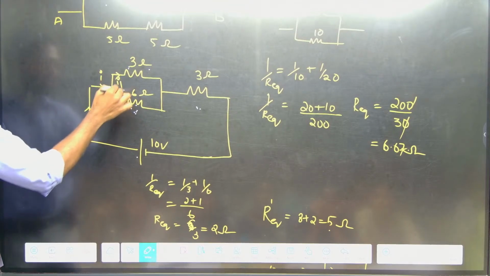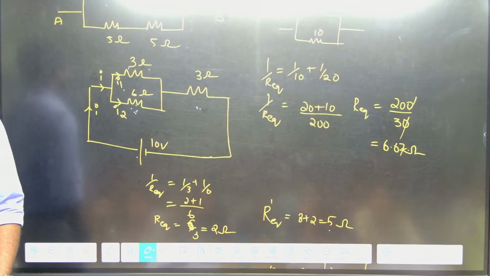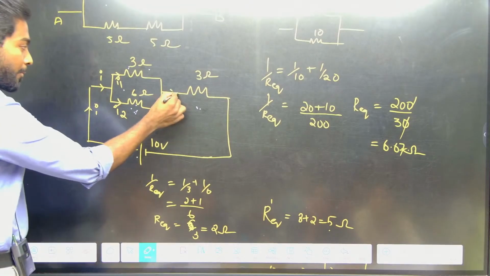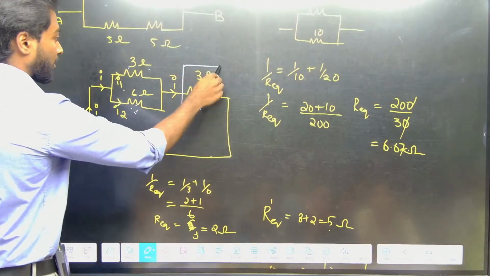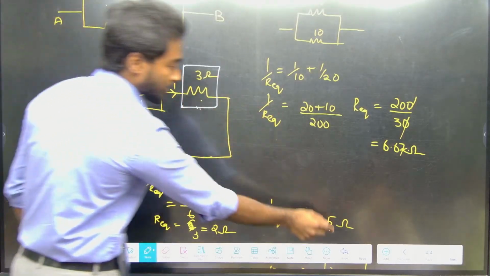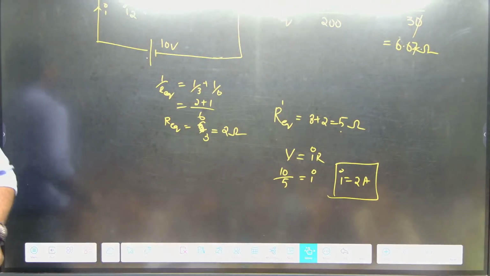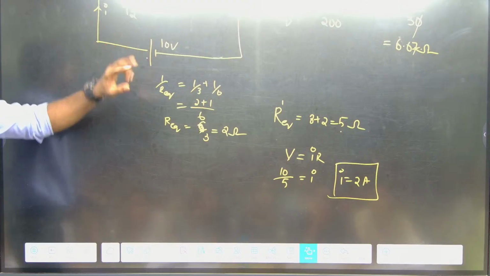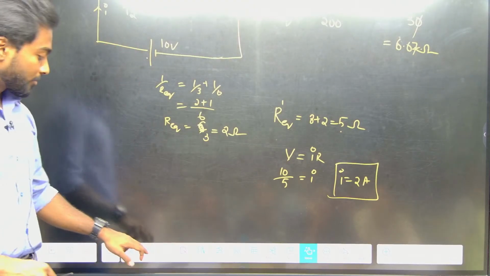Let me take this as I1 and this is I2. Getting the point? Again it will be I only. If I talk about this 3 ohms resistor, the current flowing is how much? 2 ampere. But for the remaining 3 and 6, different currents will be flowing. Now I need to find what the current is there.